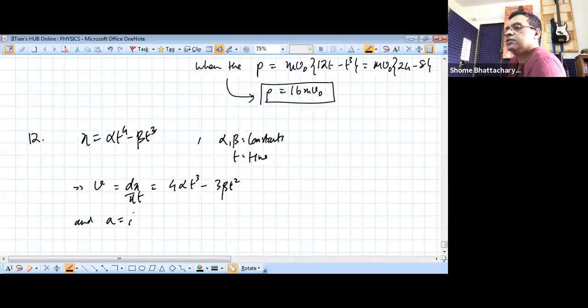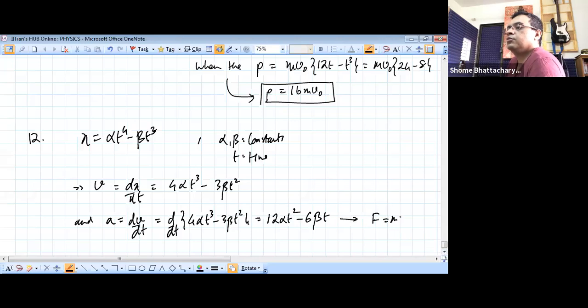Okay. And acceleration, which is dv by dt, will now become differentiation of this term. So that will become 12 alpha t square minus 6 beta t. So you can see that from this you know the force is equal to mass into acceleration. From this you know the momentum is equal to m into v.